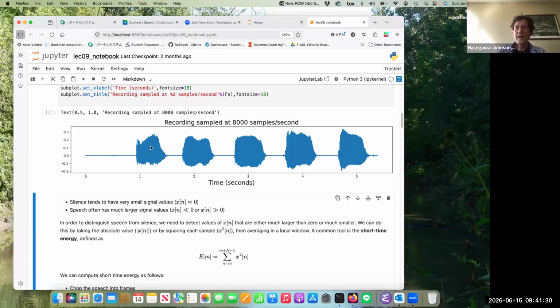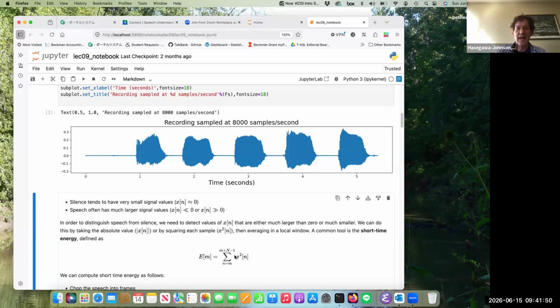And so all we have to do is look for the loud amplitude of the speech. Now, notice that it's not always positive, it might be negative. So we can't just look for high values, we have to look for high squared values. And so we'll take x of n, the speech signal, and we will square it in order to make it positive.